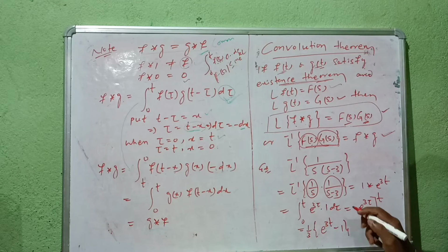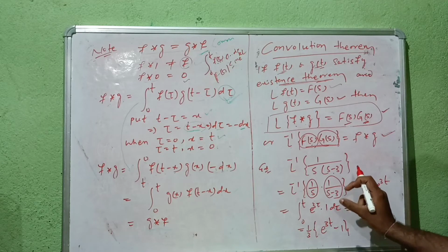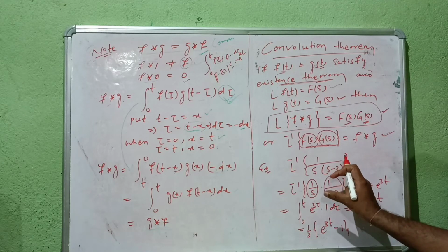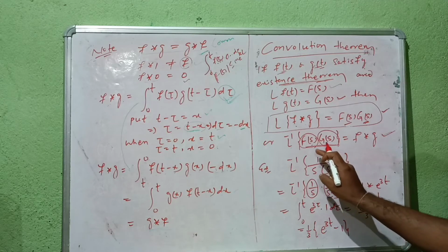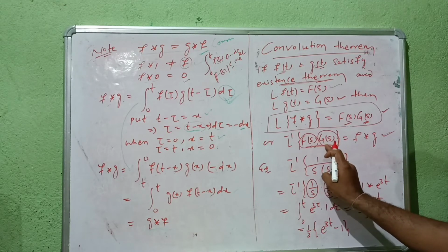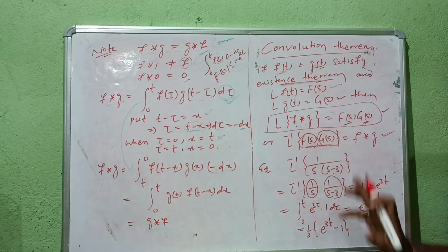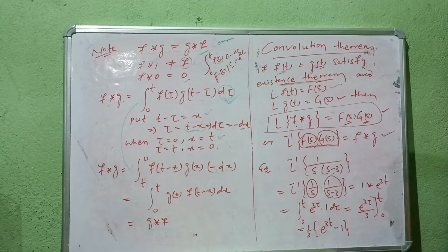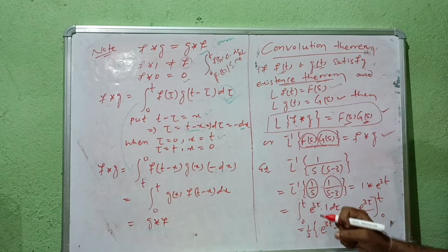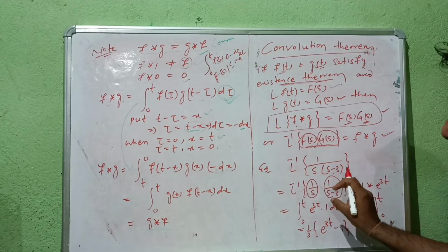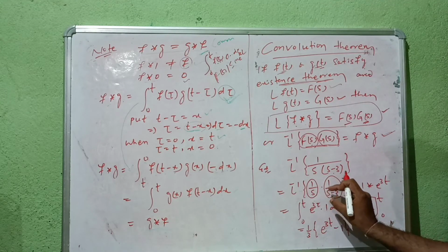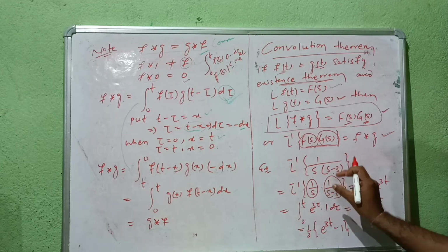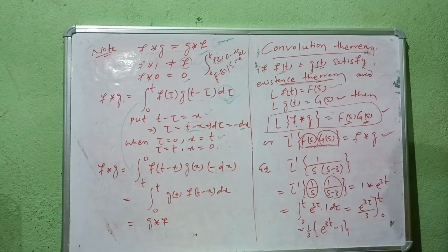Just note that we break this, meaning write the given terms as a product of two functions whose Laplace transform exists. Clear? We have to check whether their Laplace transform exists or not. If the Laplace transform exists and we know the formula for it, then you can easily find the Laplace inverse.